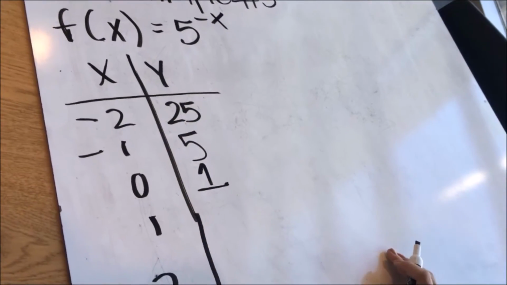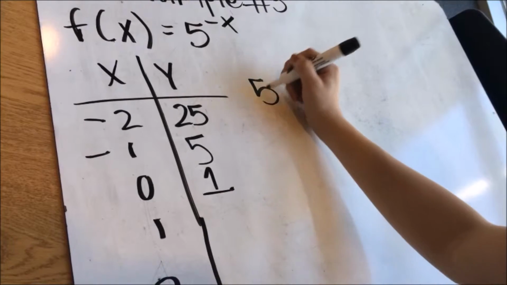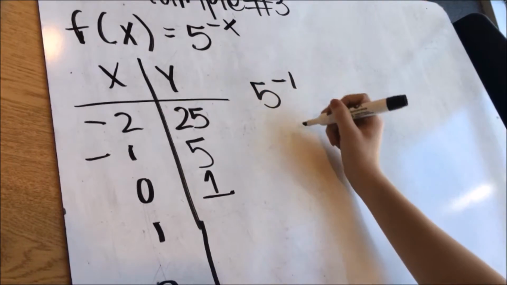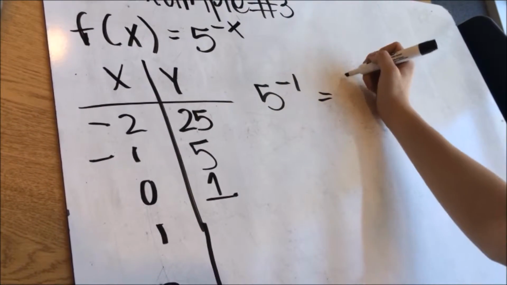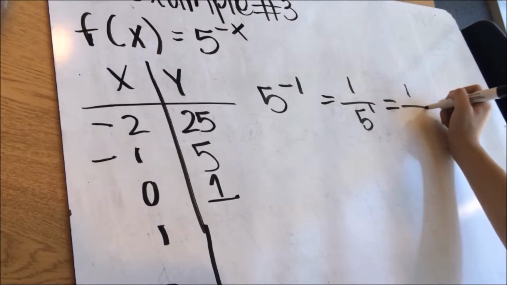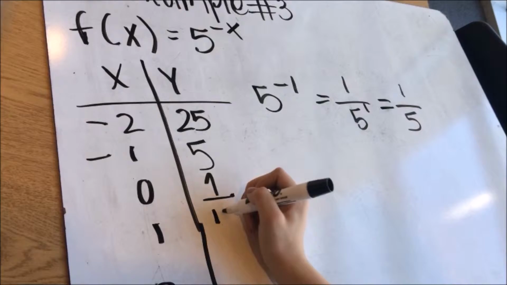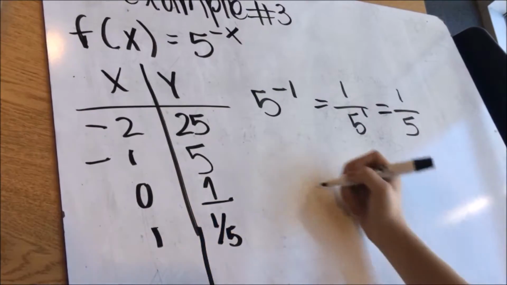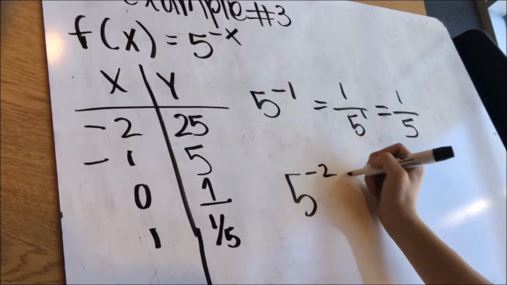And for the other ones, it would also be the same way we did in the last problem, so negative 1, and this would just convert into and the same with negative 2.